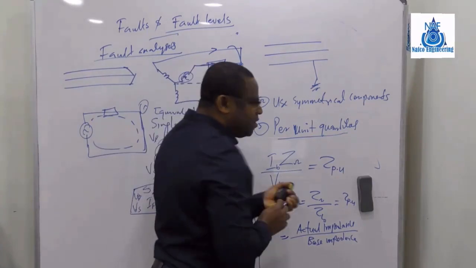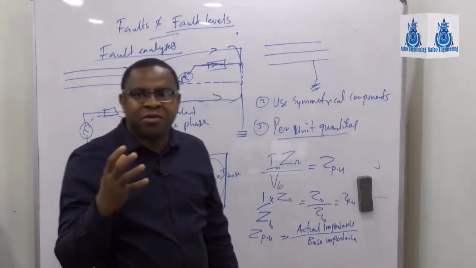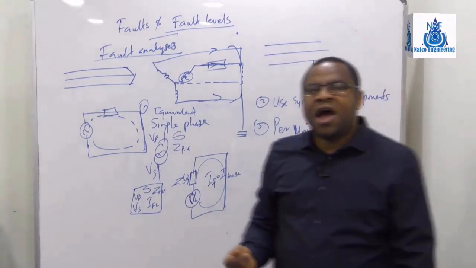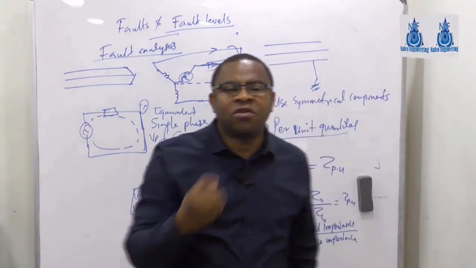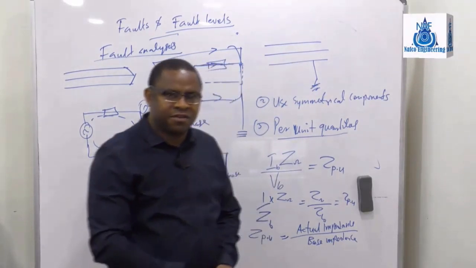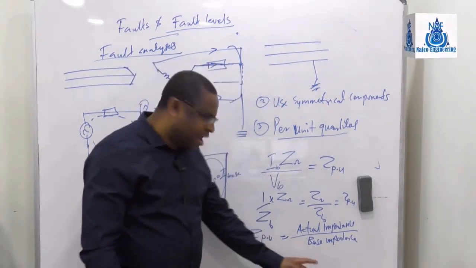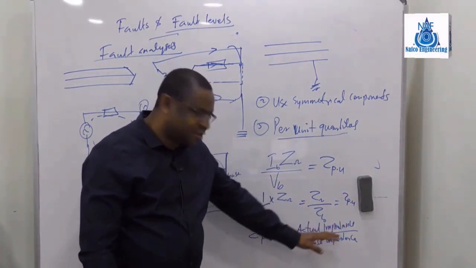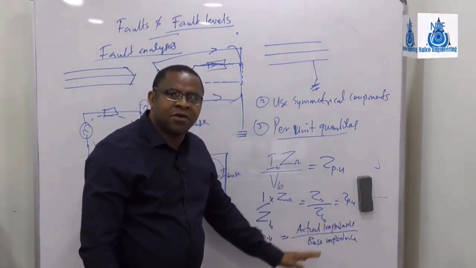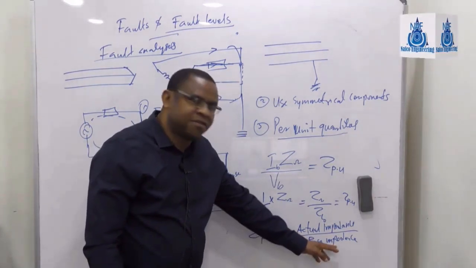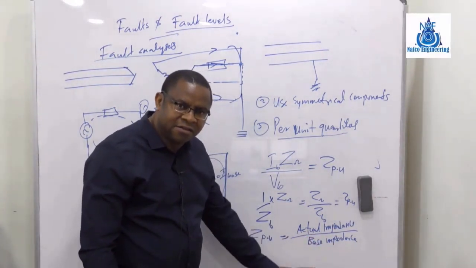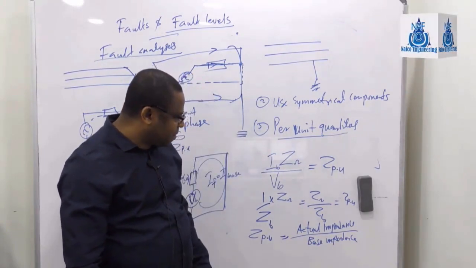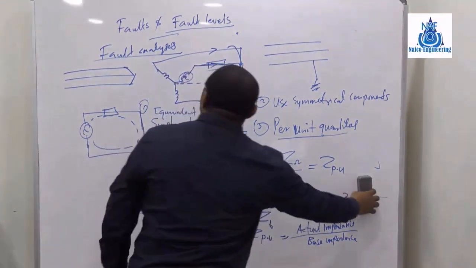So it means that per unit quantities, like percentage quantities, are fractions of actual quantities over a reference quantity. The quantity we are talking about now is impedance: actual impedance over reference impedance. The reference impedance is our base, the nameplate. So that is what per unit is.